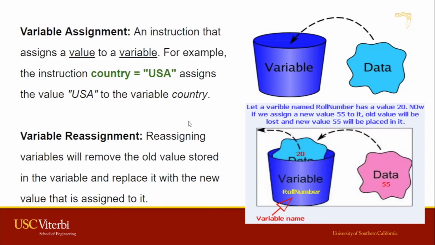Now what is reassignment? Suppose there was a variable which had a number kind of data, and it earlier had the value of 20. But now we want a different value, or this value has been updated. So the same variable will contain the updated value.